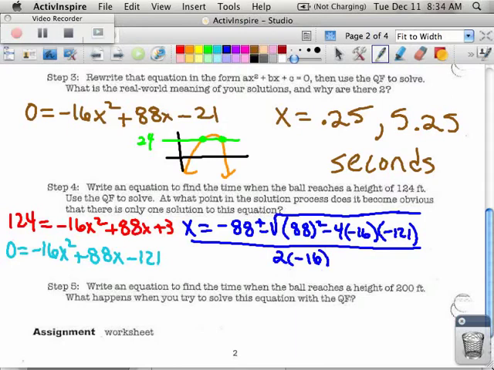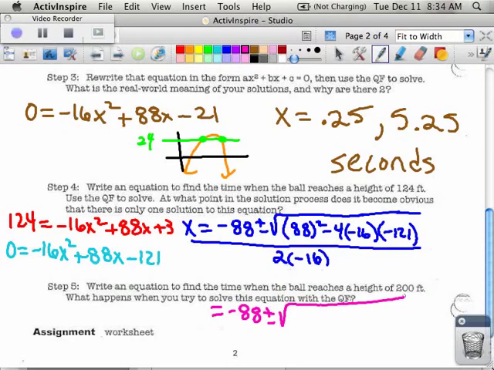And as usual, looks like I just ran out of room. So I'm just going to continue into step 5, and then I can do step 5 on a different slide, I guess. As I solve this, I will get negative 88 plus or minus the square root of, and then in my calculator I type in 88 squared.